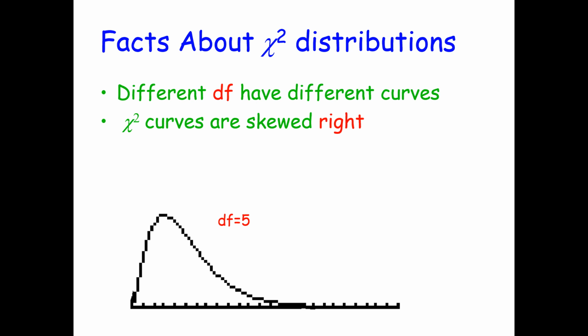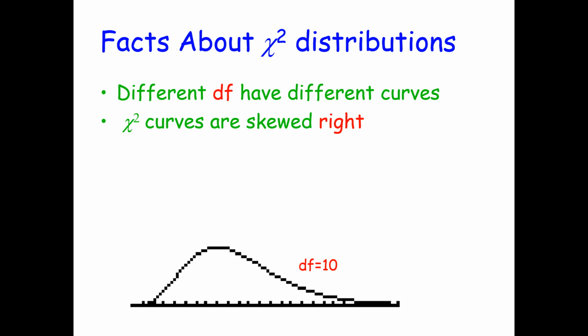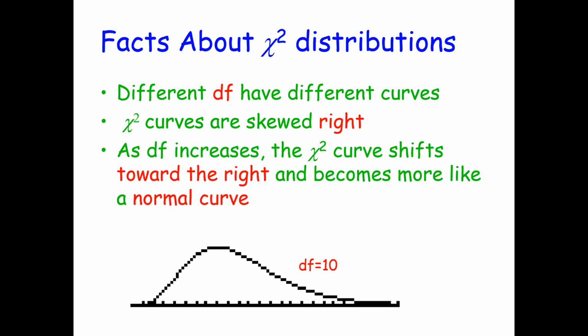It's still skewed right, but not quite as steep. For degrees of freedom of 10, same thing happens. So notice that as our degrees of freedom increases, the chi-squared curve shifts towards the right and becomes more like a normal curve. Let's look at an example.